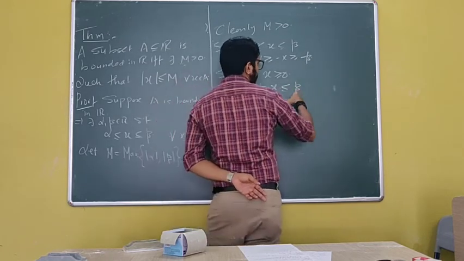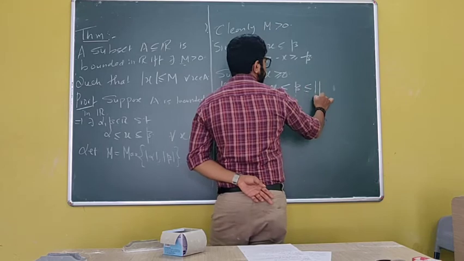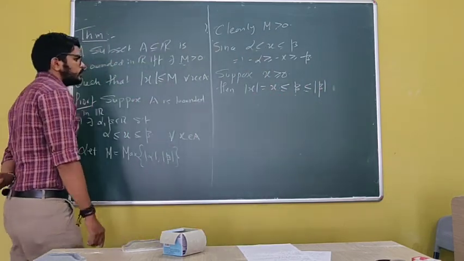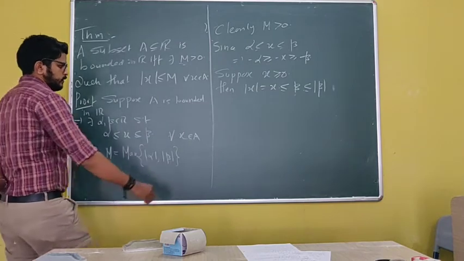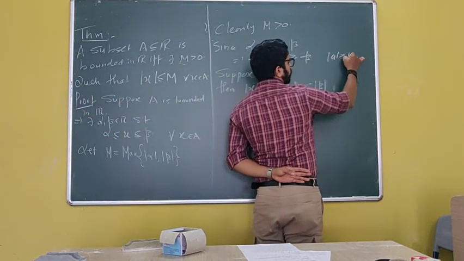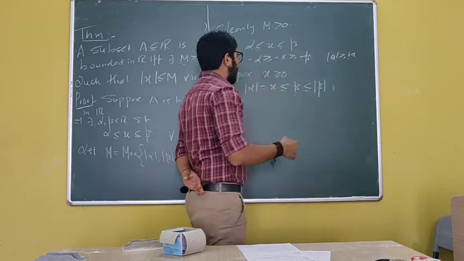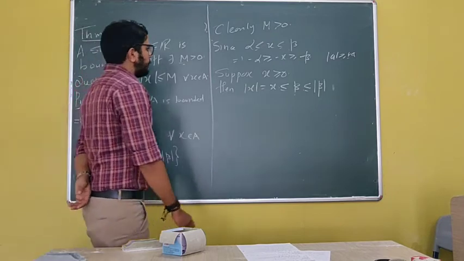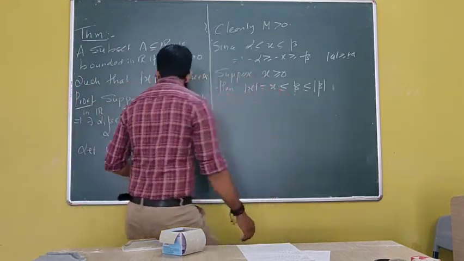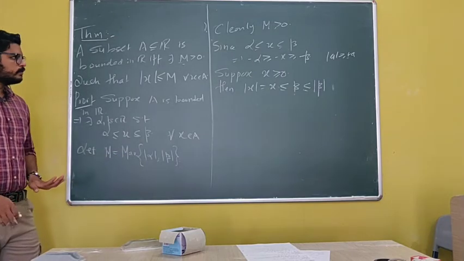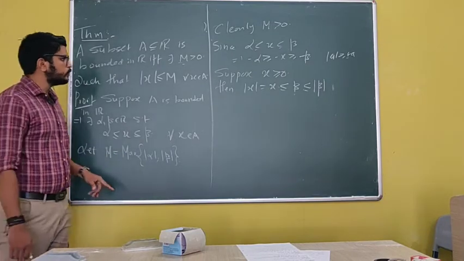But we know that any number is less than or equal to its modulus. We have proved that, because modulus of a is a or minus a. So either a or minus a is always less than or equal to its modulus. And beta is here, right? So the maximum of two numbers is always bigger than both of them, right?